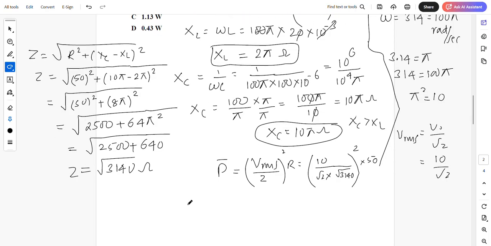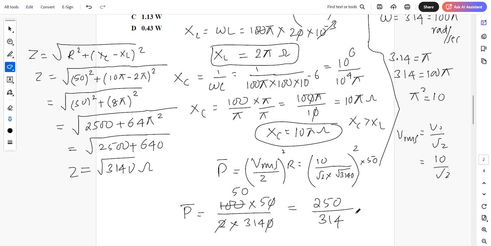Now simplify the power loss. This equation I can write as 10 the whole square becomes 100. 100 divided by 2, because square root of 2 the whole square is 2, into 3140 into 50. I can just cancel this, this 0 gets cancelled. 5 into 250 divided by 314.